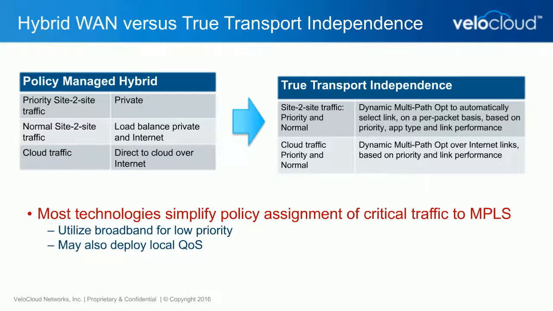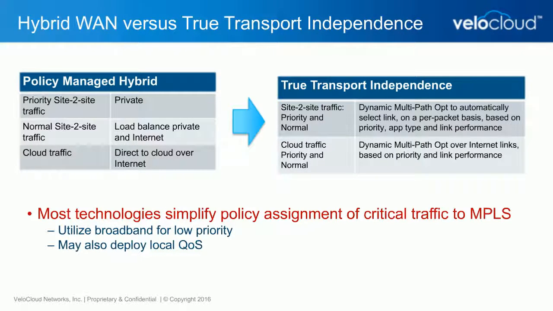If we can deploy advanced SD-WAN, and I'm just showing the goal and the policies to deliver true transport independence, the policies on the right-hand side are much simpler. We have both site-to-site traffic as well as cloud traffic. In either category, we want to be able to define them as priority or normal.